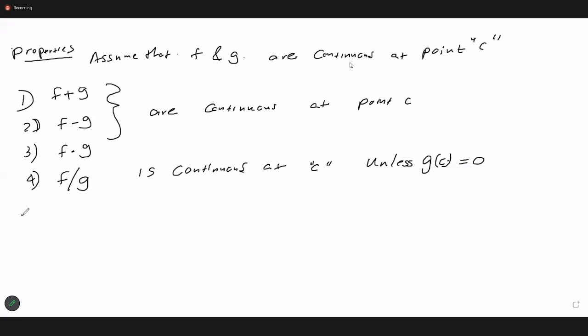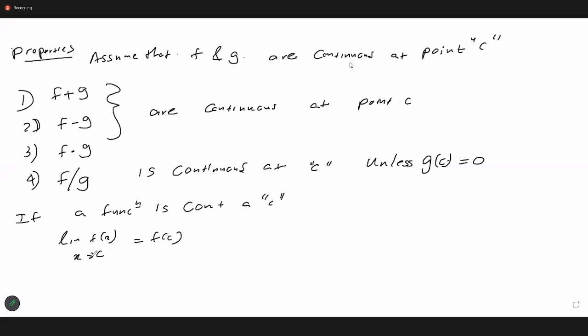Right. Then let's learn something more. If a function is continuous at a point C, right? Then we can write down this limit of f(x), right? When x approaches C, this should be equal to f(c).